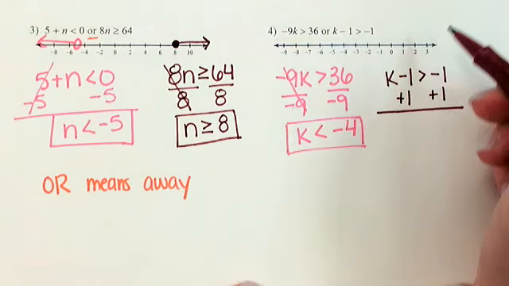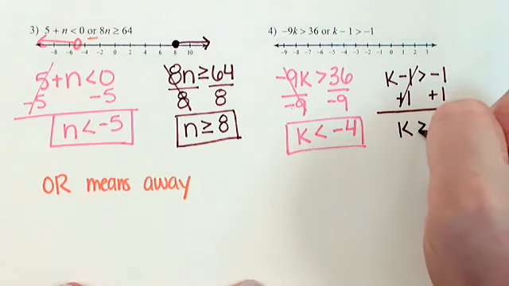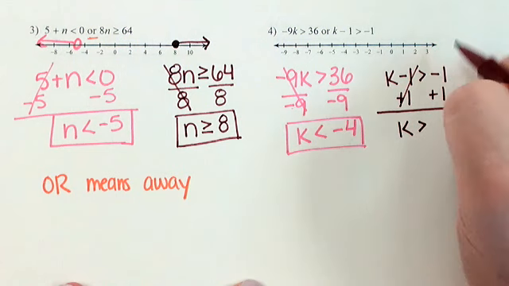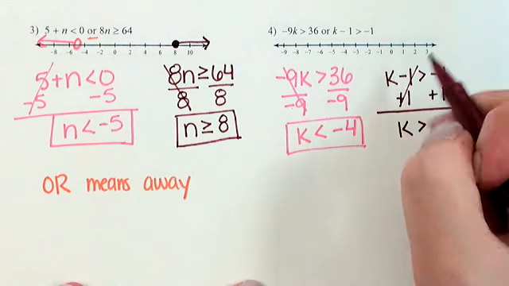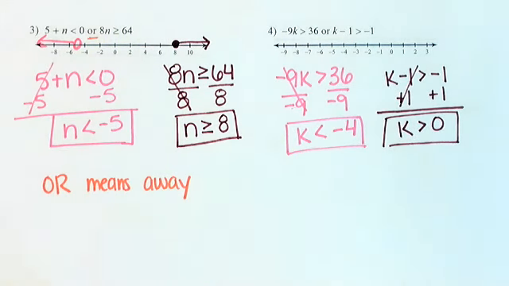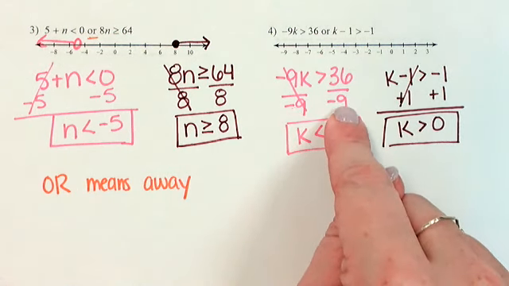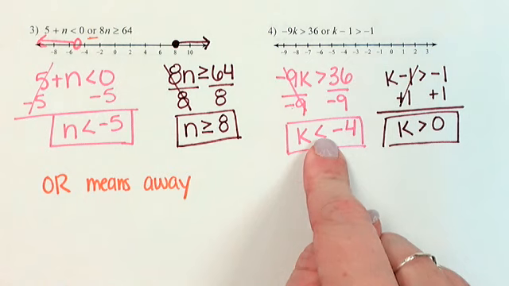So negative 1 plus 1 makes 0. So we have k is greater than 0. So we've solved both halves. Remember, when you divide both sides by a negative, you have to flip your inequality symbol.